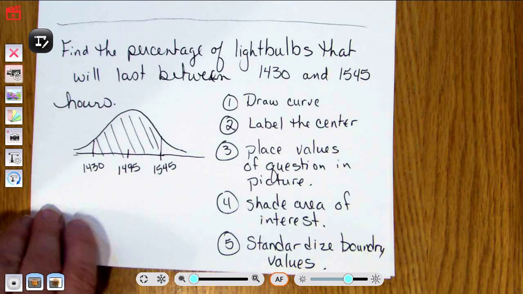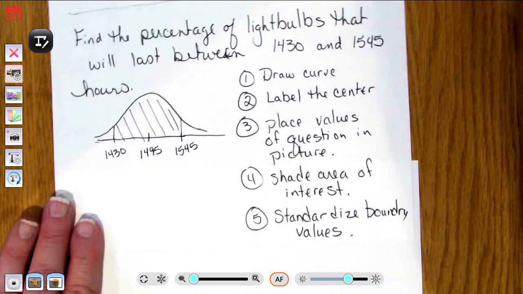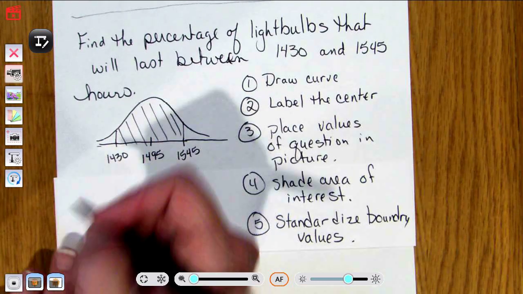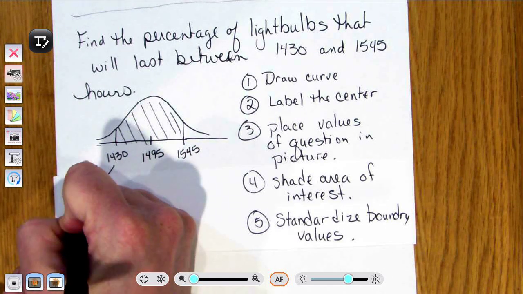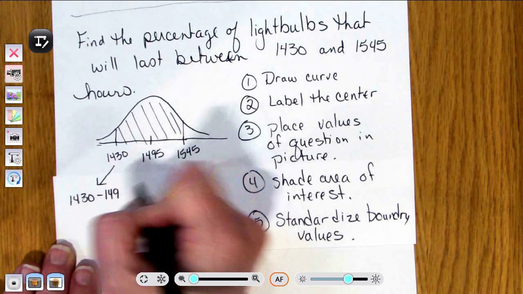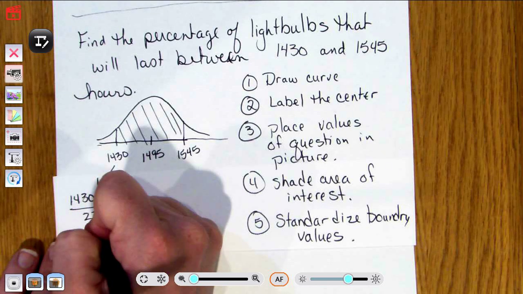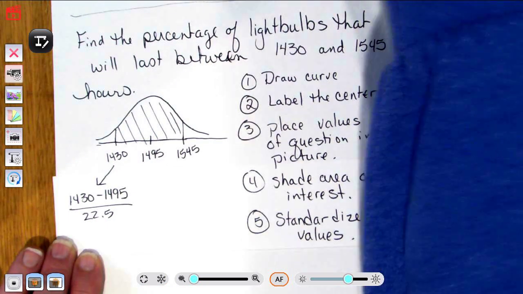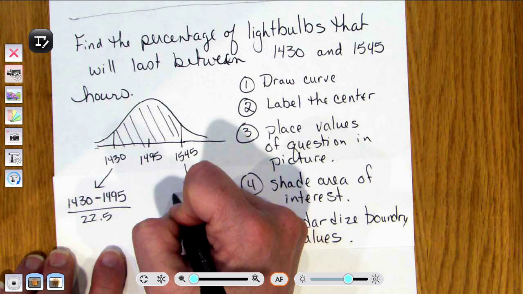All right, so we're going to take our 1430 and our 1545 and we're going to standardize them. Again, to standardize, we take the value minus the mean and divide by our standard deviation. Okay, so we'll do that to this guy as well.